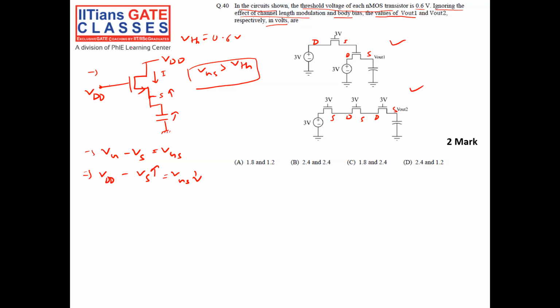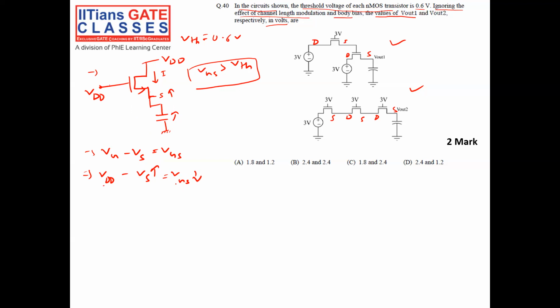So initially my source is at 0. When I apply a VDD at gate, there is some current flowing. My source voltage will start increasing because the capacitor will start charging. So the source voltage will go on increasing. Then VGS, which is nothing but gate minus source, will go on decreasing.